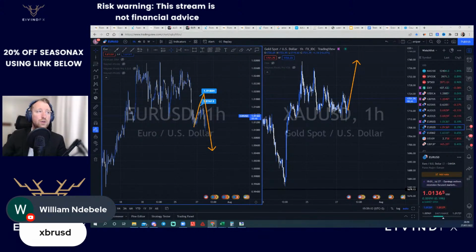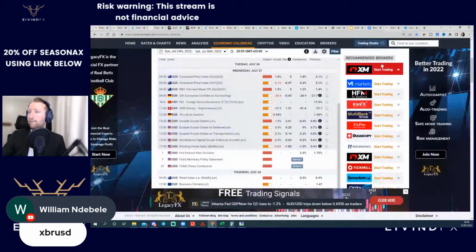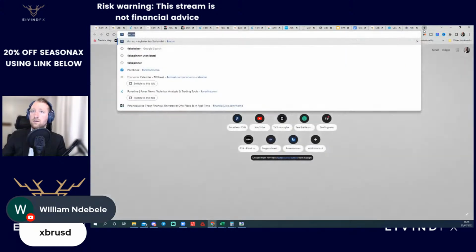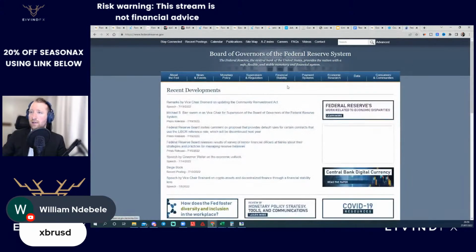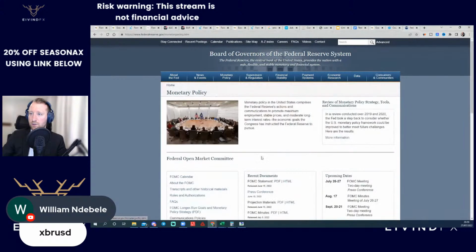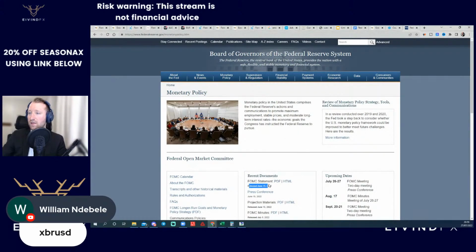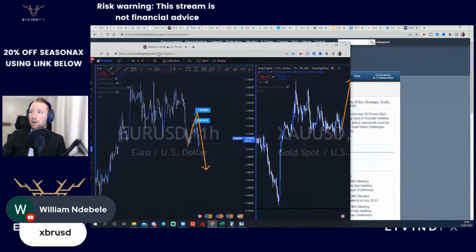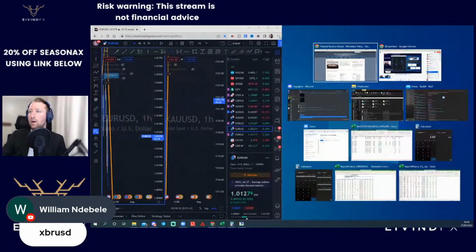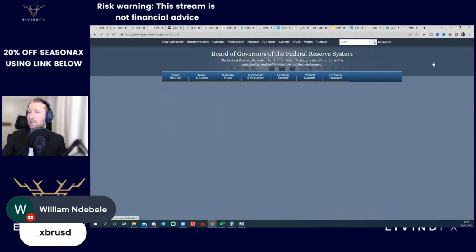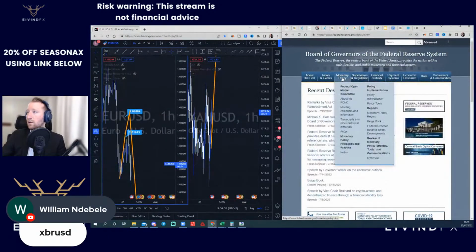So let's go to the Fed. Everyone is going to load that site in a couple of seconds, so we're just going to load that ourselves. We are going to look for something else on the 15th of June here. And then I'm going to add euro dollar on the side here, and then add this one to the other side.